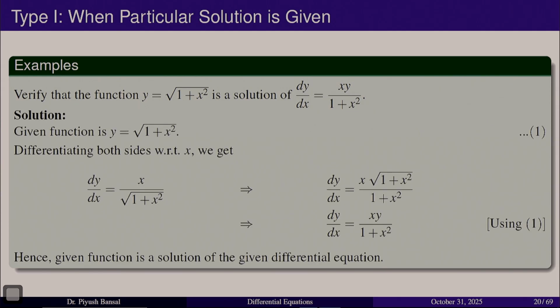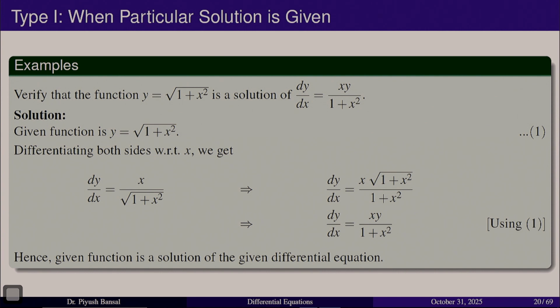So, here is a quick solution to this problem. We have the given function y equal root of 1 plus x square. We simply differentiate both sides with respect to x to obtain dy by dx equal x over root of 1 plus x square.